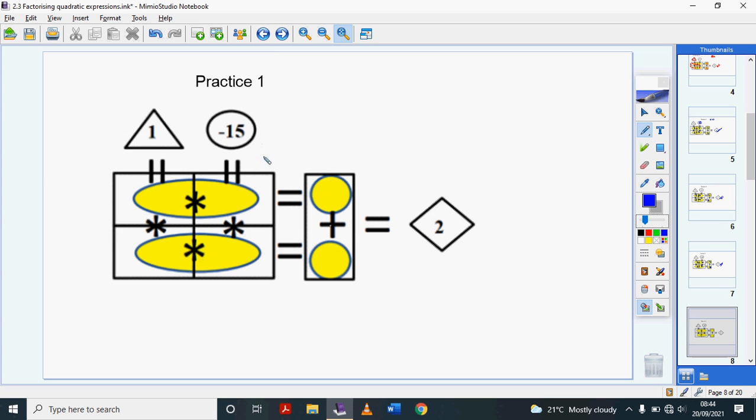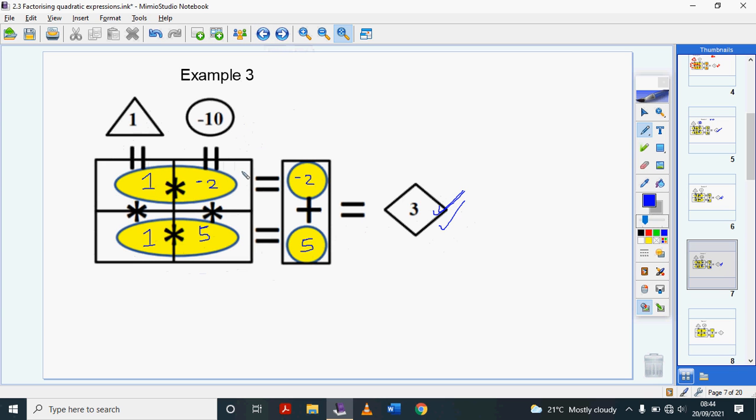So that's basically what I want us to do today, to solve these puzzles. And then after solving these puzzles, tomorrow we'll see how we can use this idea to find the factors of quadratic expressions.